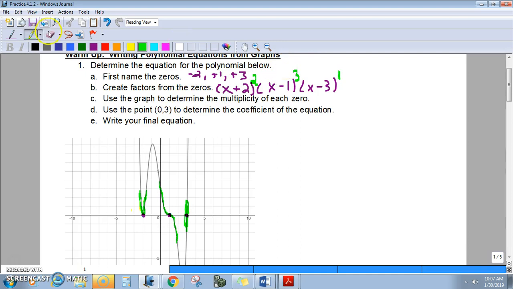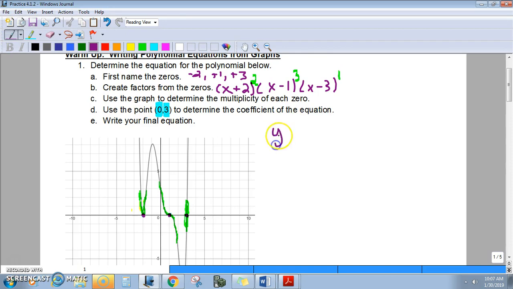Okay, and then it says, and this is where I heard a lot of questions, use the graph to use the 0, 3 to determine the coefficient. So what it's saying here is if I input a 0 where my x is, my output needs to be a 3. So let's input 0 here with the multiplicity.